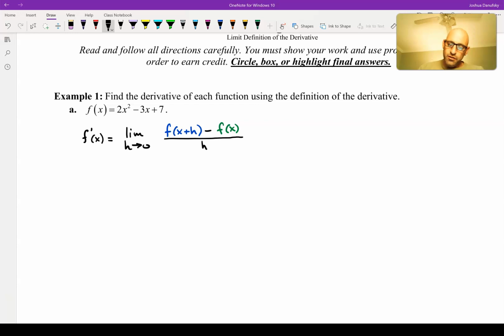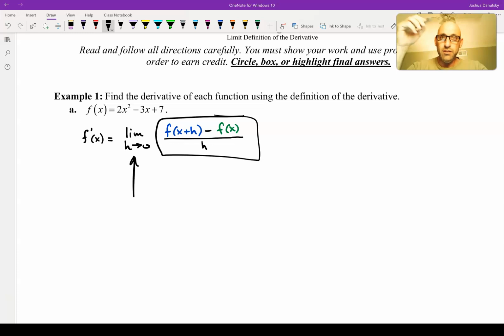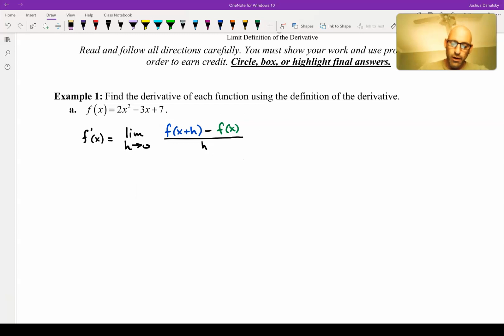And again, this by itself represents the slope of a secant line with respect to our curve. And then once we take the limit as h approaches 0, meaning that horizontal distance gets smaller and smaller and smaller, approaching 0, we end up getting the slope of the tangent line. So that's really what we're after here. That's what the derivative generates. It generates slopes of tangent lines.